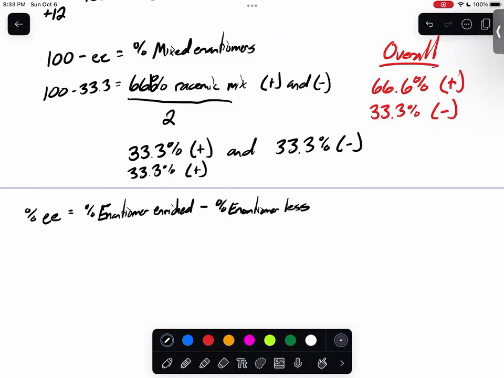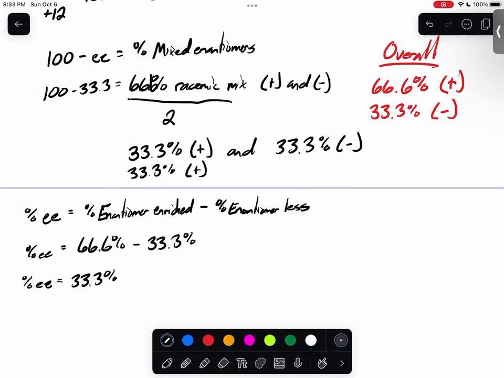What you'll find is the percent EE should match here. So essentially 66.6% minus the 33.3% gives us a percent EE of 33.3%. Okay, so hopefully this makes sense.